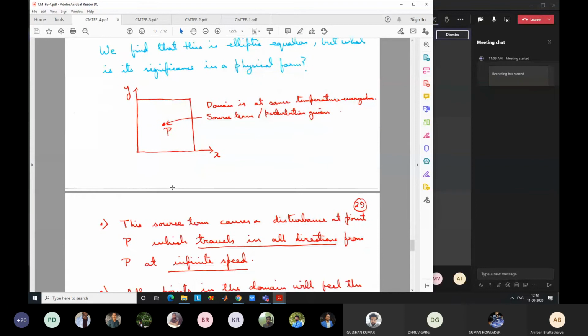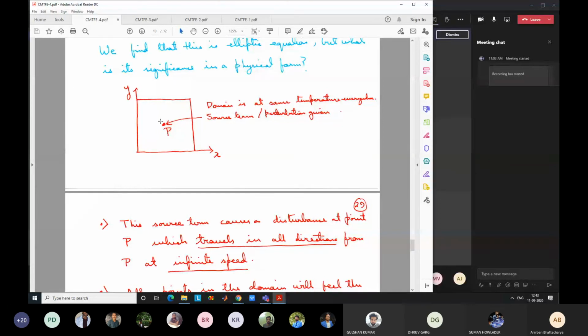This source term will cause a disturbance which will propagate in all directions from P. This information that a change has occurred here will influence the temperature at all other points also, in all other directions. For an elliptic equation, this will propagate in all other directions.